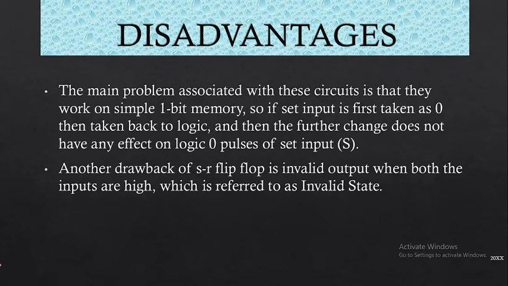We just saw in the truth table that when both S and R become 0, the output comes out to be invalid. That is, Q and Q bar become 1 simultaneously, which is not feasible. So it is known as the invalid condition, and it is one of the disadvantages of the SR flip-flop.